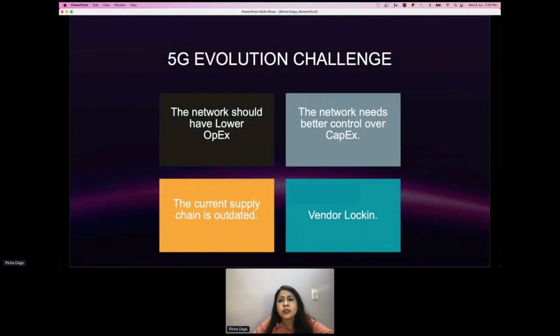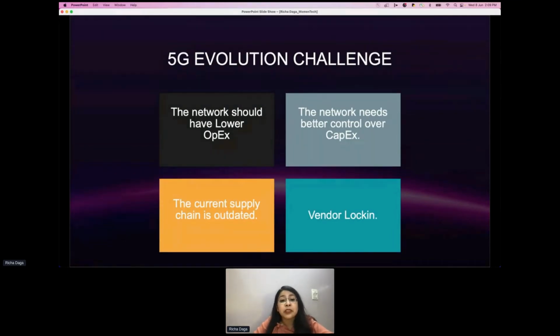So a monolithic functional implementation, such as the base transceiver station, is an example of why the current mobile supply chain is outdated. With this implementation, operators today had to pick one vendor per market. But if there's no competition, there's no demand among vendors, and we get resolved to only one single vendor which is available.